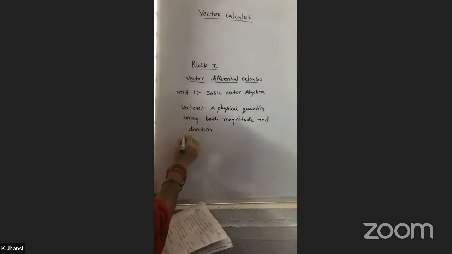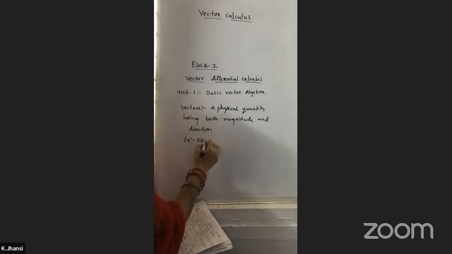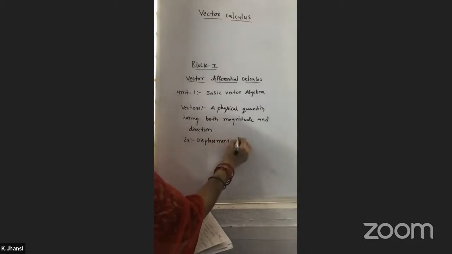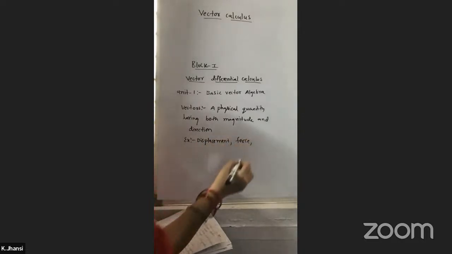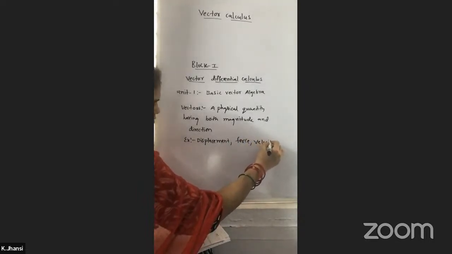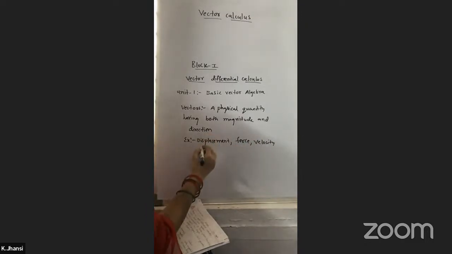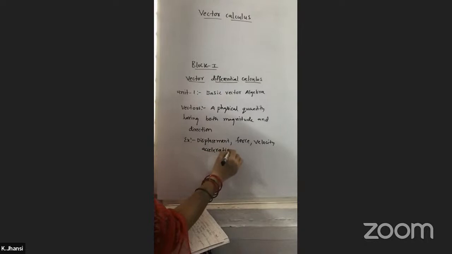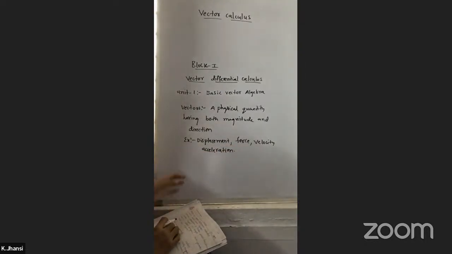We can take as examples displacement, force, velocity, and also acceleration. These are examples of physical quantities which have both magnitude and direction.